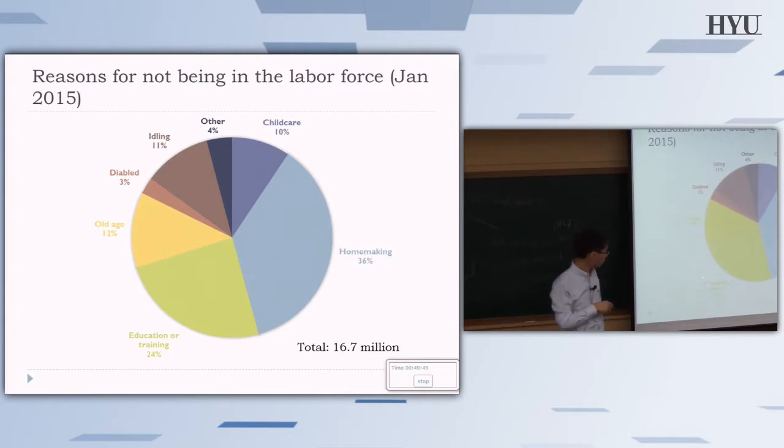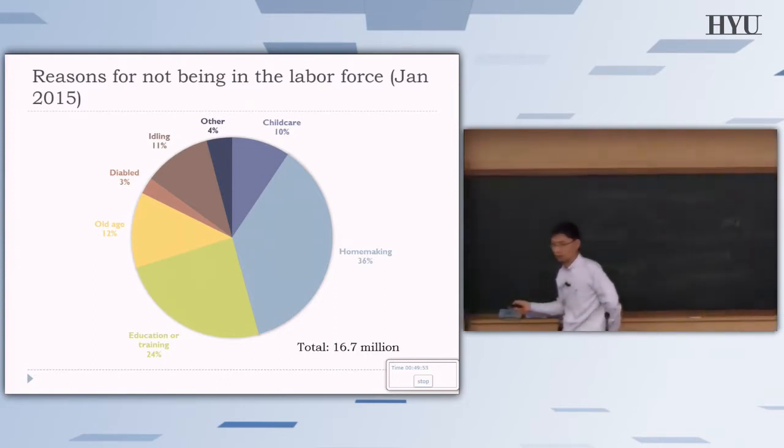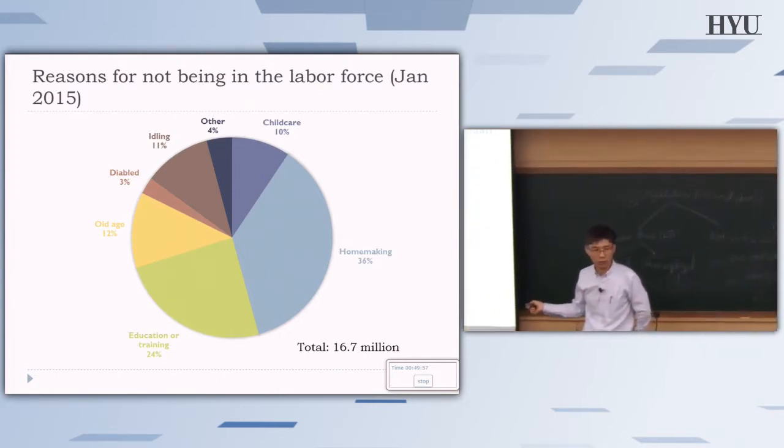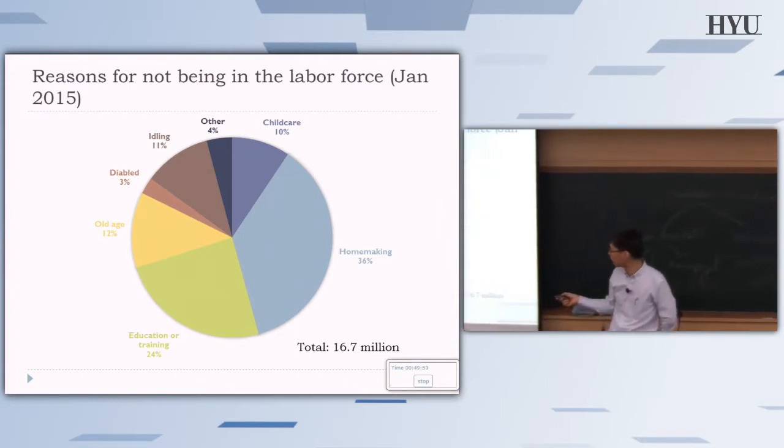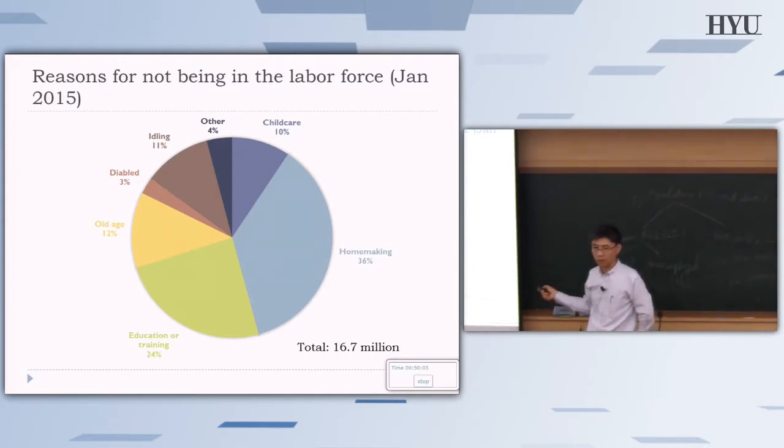You may be in a school like this university or in high school, but some may go to a job training school. That's about 1/4. So these two groups explain about 60% of not in the labor force.